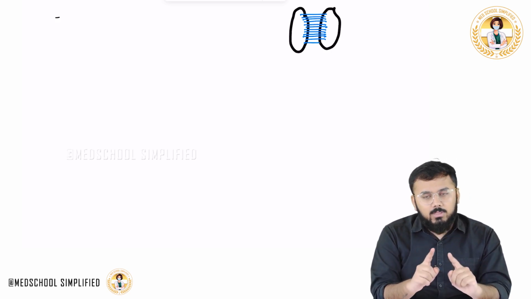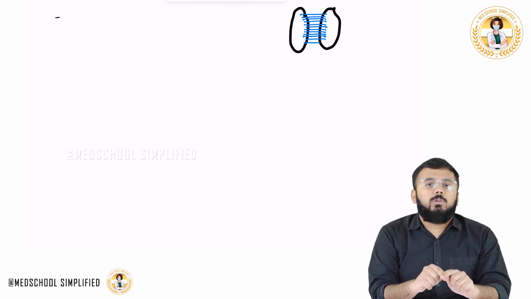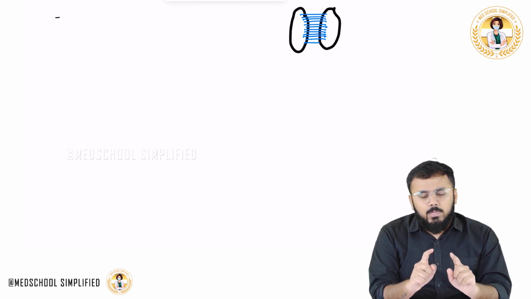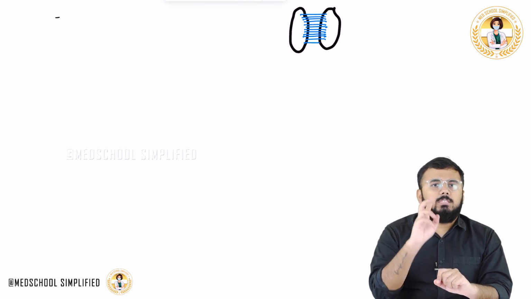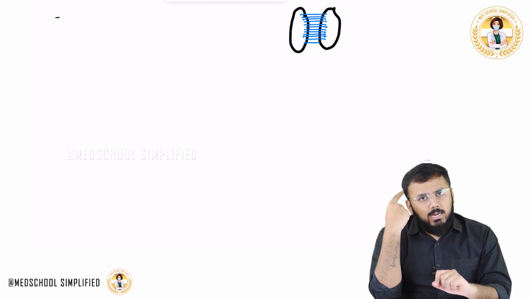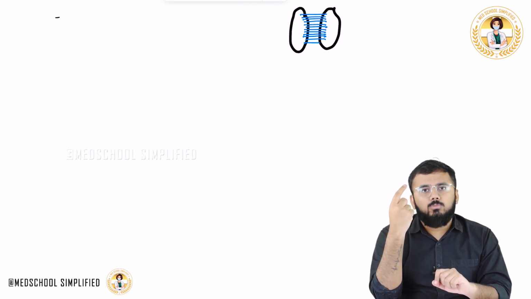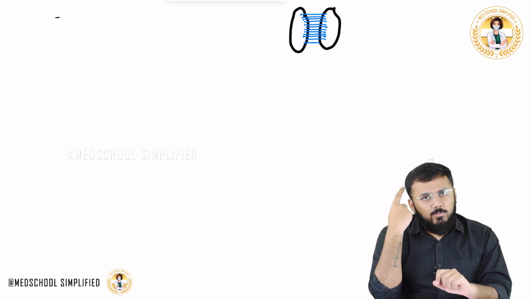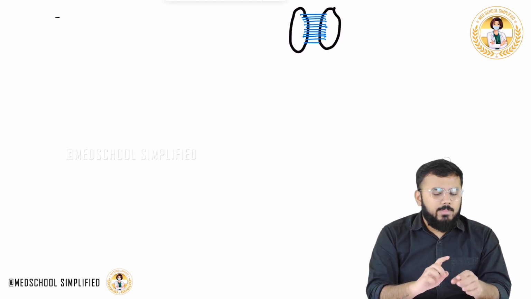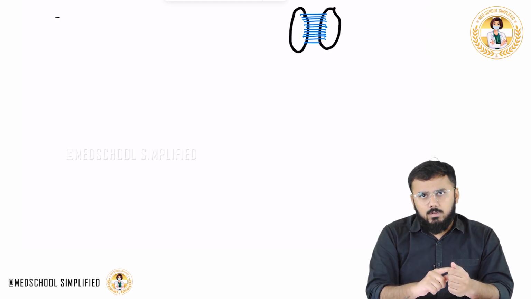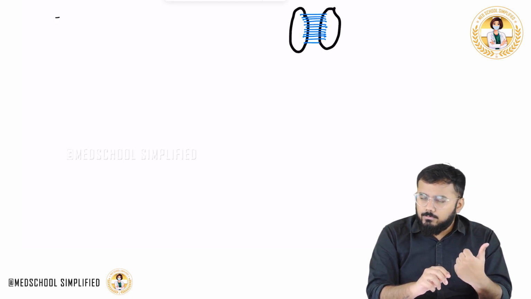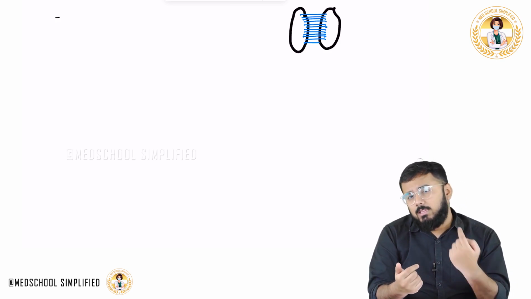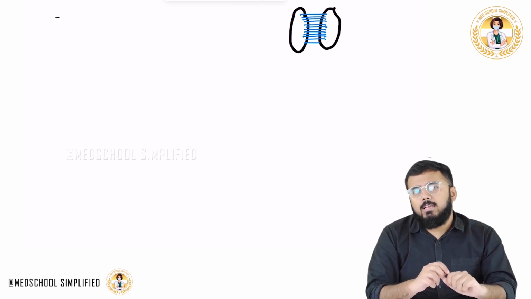Remember one thing, I said cerebral hemisphere, not cerebellar hemisphere. If the right cerebral hemisphere is responsible for the actions on the left side, it means if my right cerebral hemisphere is damaged, then my left hand and left leg don't work, they are paralyzed. If the left cerebral hemisphere is not working, then the actions of the right hand and the right leg are not working.